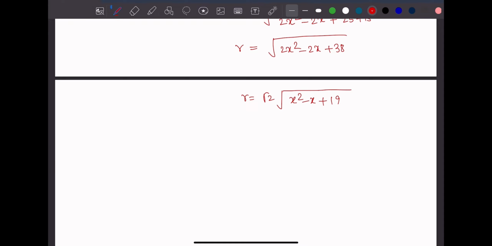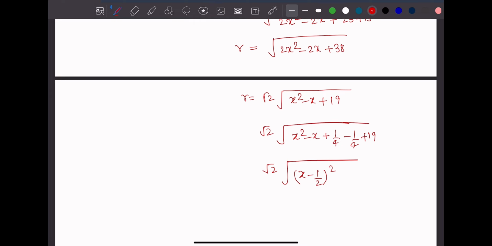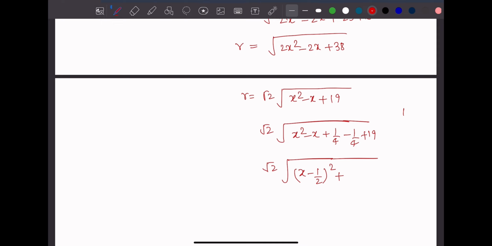Now create the perfect square inside, so we are getting root 2 x square minus x plus 1 by 4 minus of 1 by 4 plus 19. Okay, so we have root 2 root over x minus 1 by 2 whole square and plus 19 minus 1 by 4, that we are getting 75 by 4.